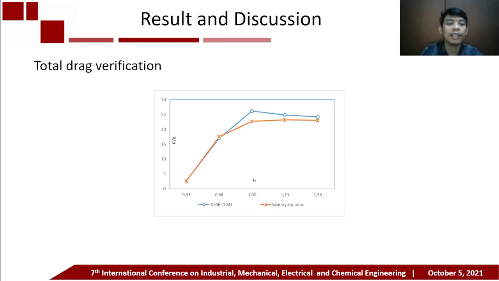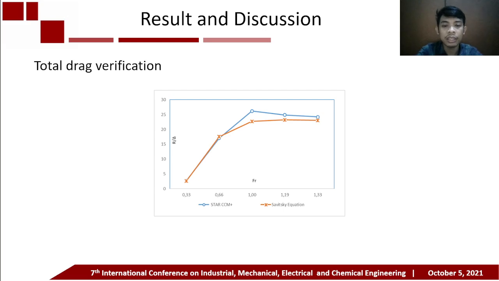This leads to the discussion. Total drag verification. Verification is carried out to minimize error during simulation, where the chart depicts the difference between the software Star-CCM+ and the Savitsky equation. Simulations are carried out with 1 million to 1,200,000 cell numbers, concentrated on the water surface area around the hull.